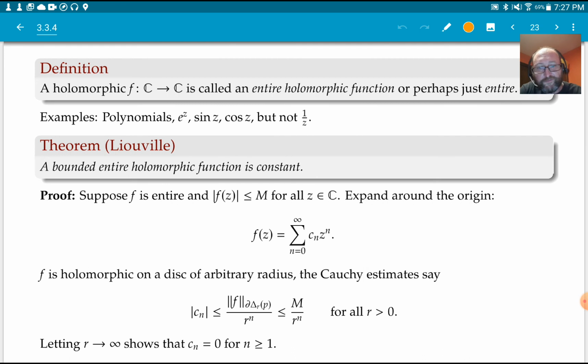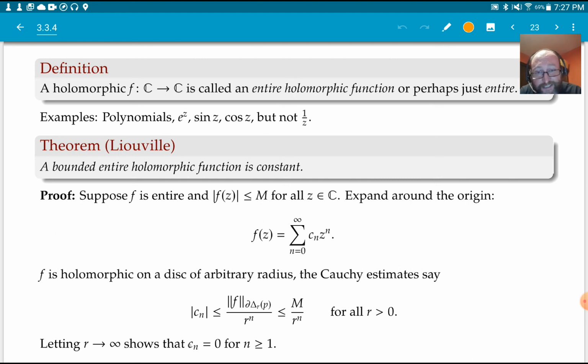Now, if we let r go to infinity, if n is not 0, since if n is 0, r to the 0 is 1, so nothing. But if n is 1 or greater, then r to the n goes to infinity, therefore 1 over r to the n goes to 0.